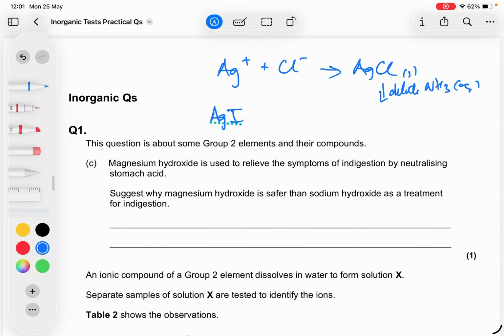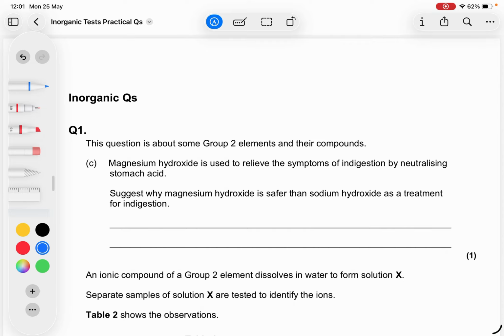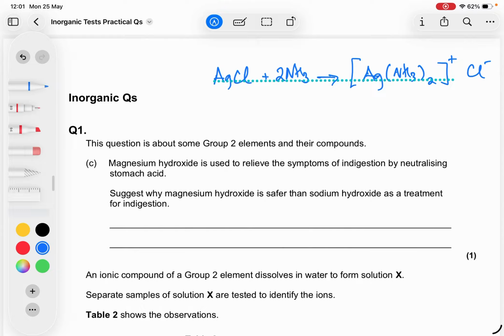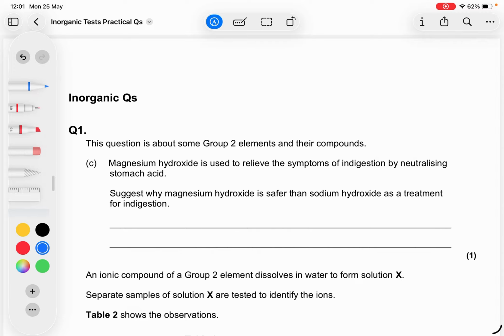And silver bromide will dissolve in concentrated ammonia. And when silver chloride or silver bromide dissolves in ammonia, you will get the Tollens reagent produced, which is a silver diammine complex.